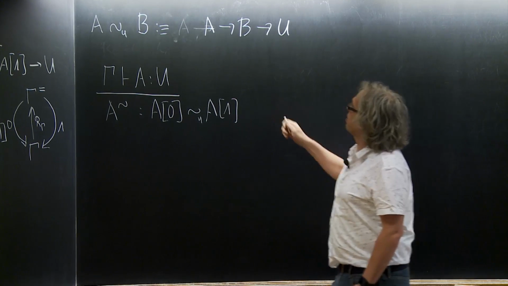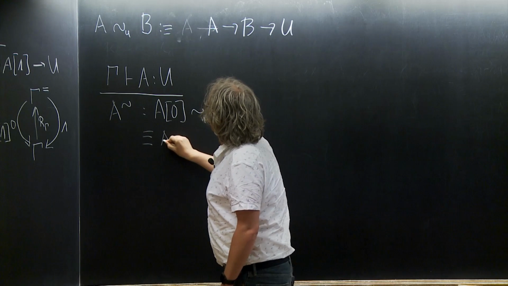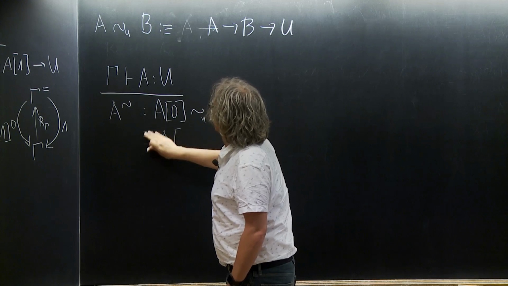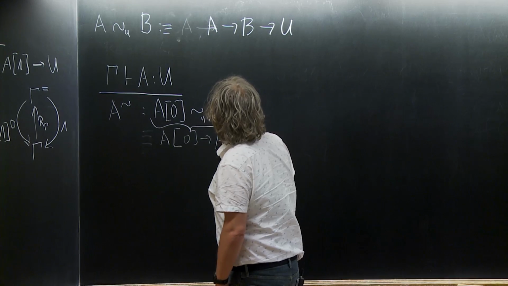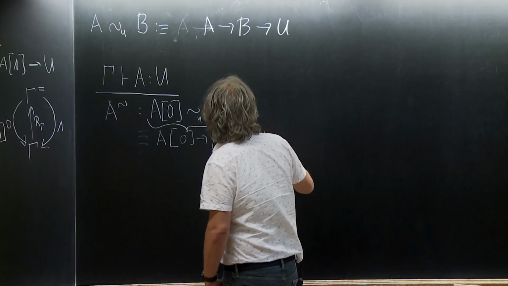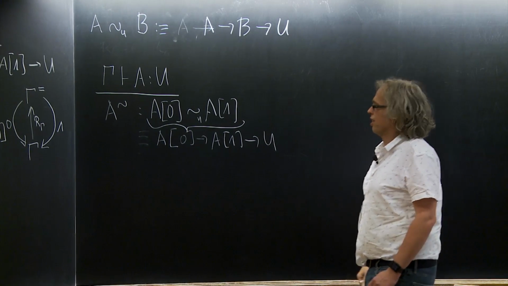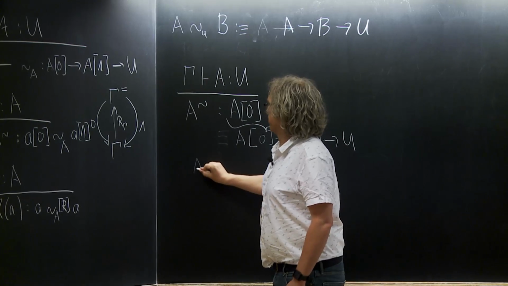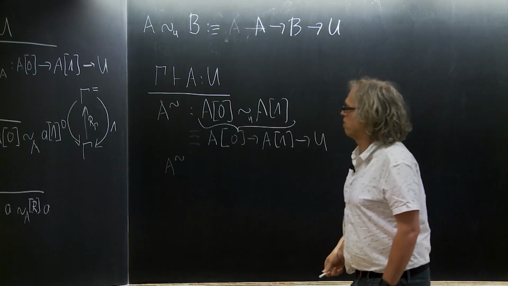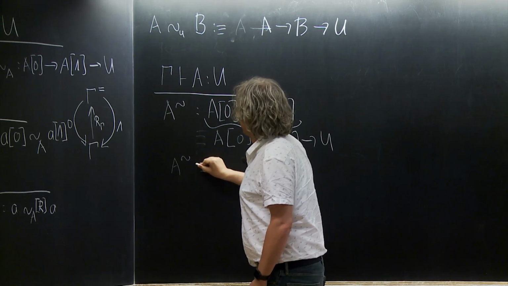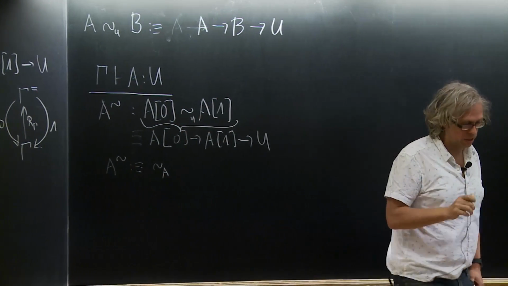And if I just apply this definition here, then it becomes clear that this is just the same as A0, A1 to U. And this suggests that the proof that the type A preserves this equality is just the definition of equality.